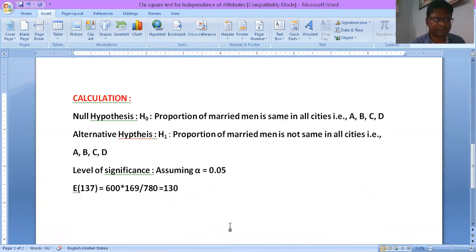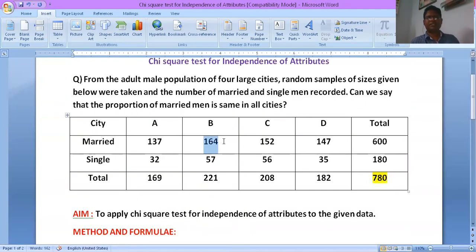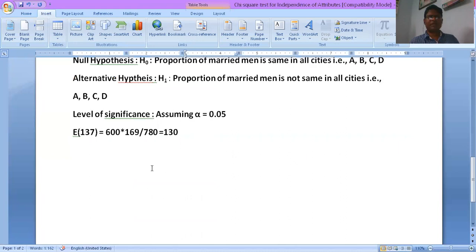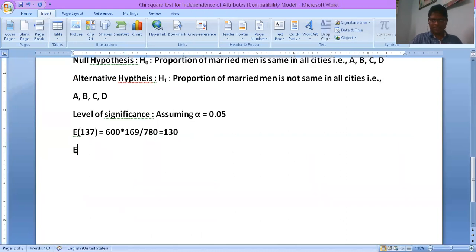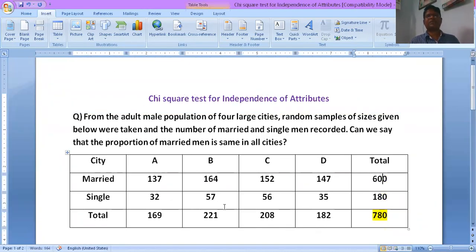Next, 164. We need the expected value for the next number, E of 164. Last value is 600. Vertically, the total is 221. Grand total is 780.